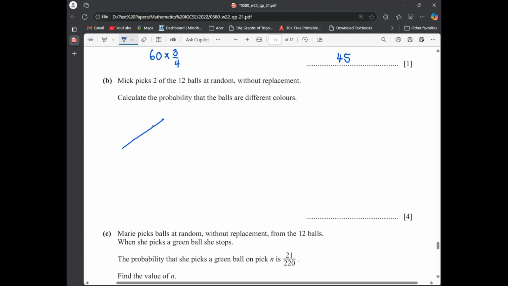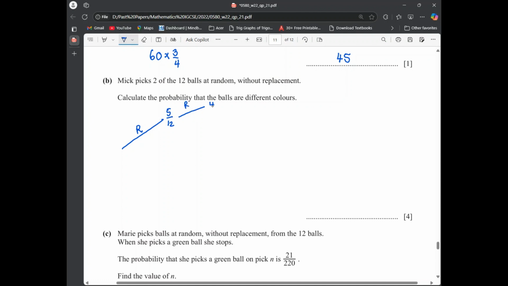Remember, the first time he can pick a red ball, and the probability for picking a red ball the first time is 5 out of 12. And if he does the second pick, he can pick a red ball again without replacing it.